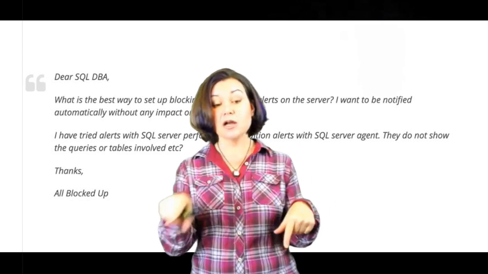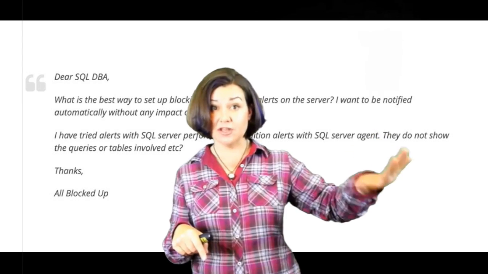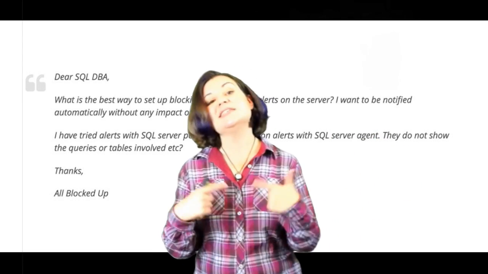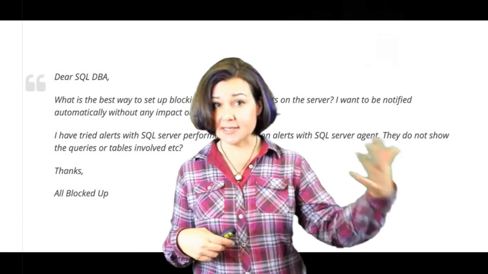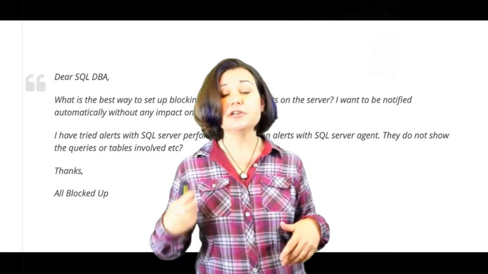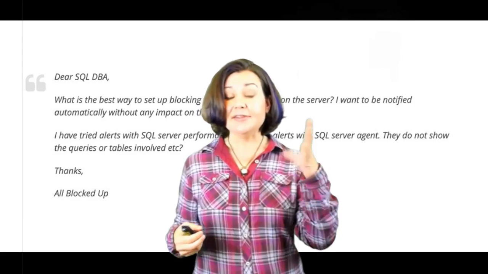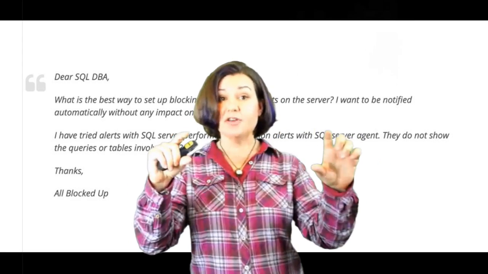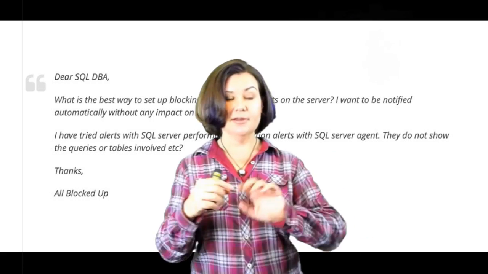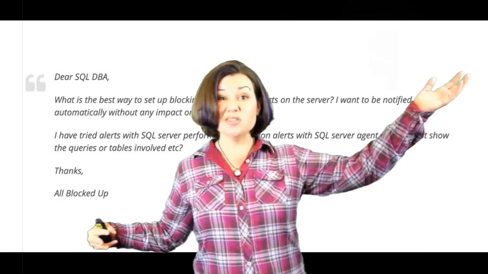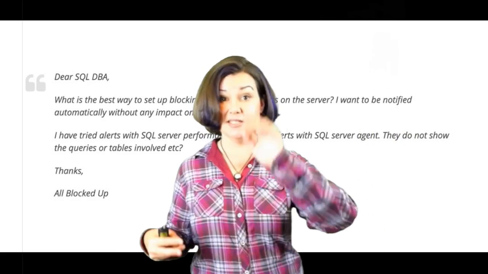So you configure the blocked process threshold in sp_configure, and then you need to set up a trace. You can do this with SQL Trace and set up a server-side trace, or you can do this with extended events. And there is one trace event that you want to pick up called the blocked process report. It's just an XML description of all the blocking in the SQL Server.